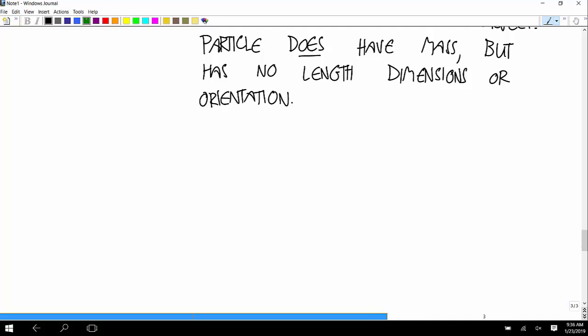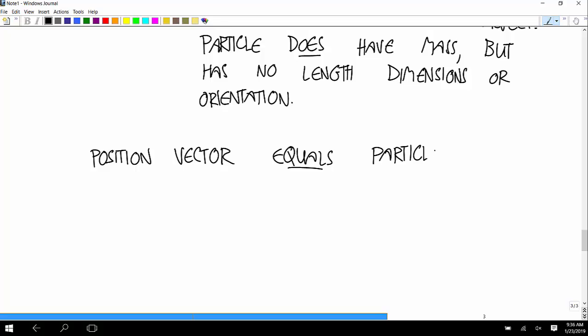So the position vector is another way of saying where the object is.